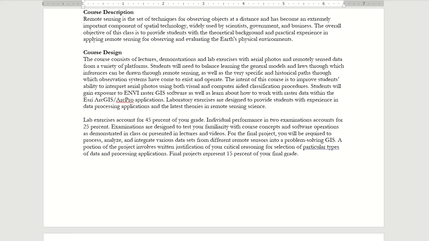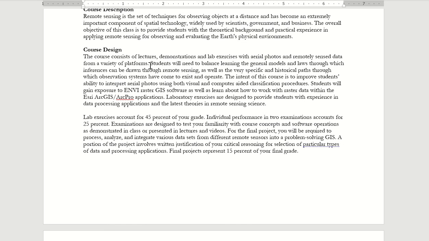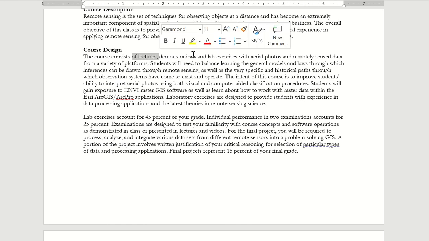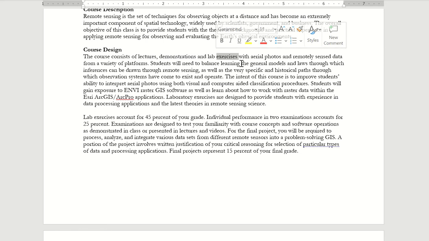So the big theme to capture here is the need to balance the theoretical background with practical experience in application.